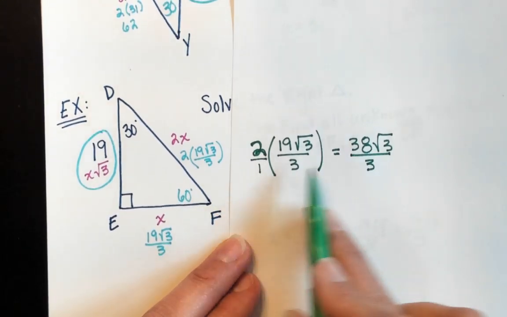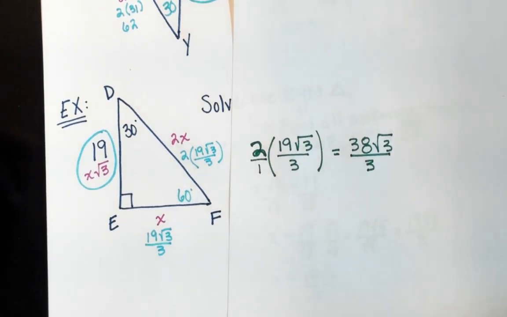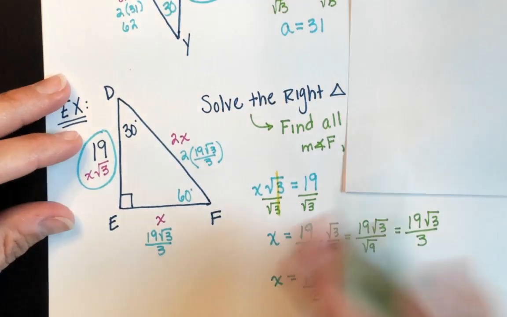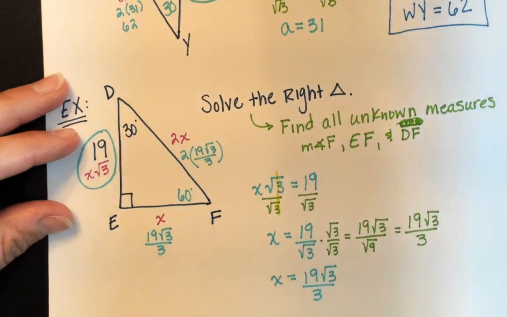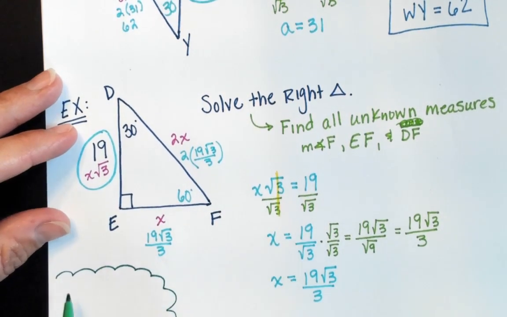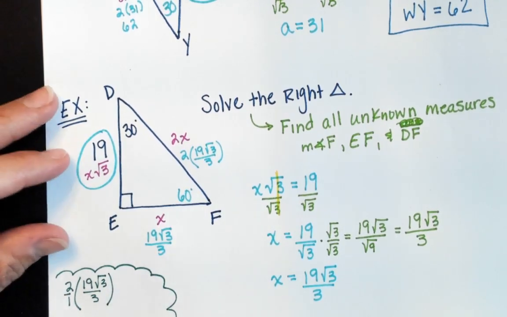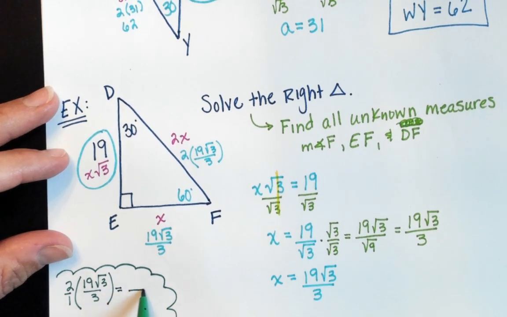So if you need to show that happening, do that on a scrap piece of paper, or maybe you have a section on your paper where you do your scrap work, and you can do 2 times that 19 radical 3 over 3, showing that it's a 2 over 1, and then you go straight across, and that's where you end up with your 38 radical 3 over 3.